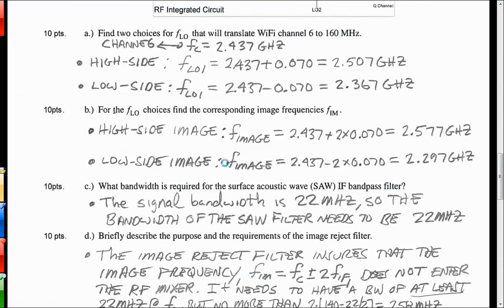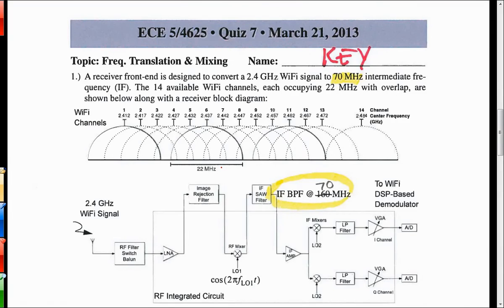The way I got that number was I went up to the picture up here and I said, okay, there's my lowest frequency carrier, there's my highest, but then I need to drop 11 megahertz below and 11 megahertz above that. So that got me my total RF bandwidth. Does that make sense? You see that?